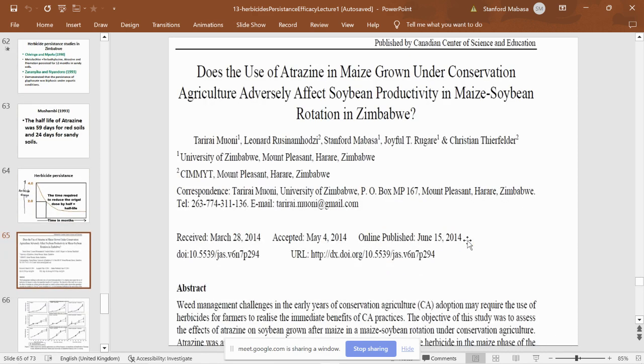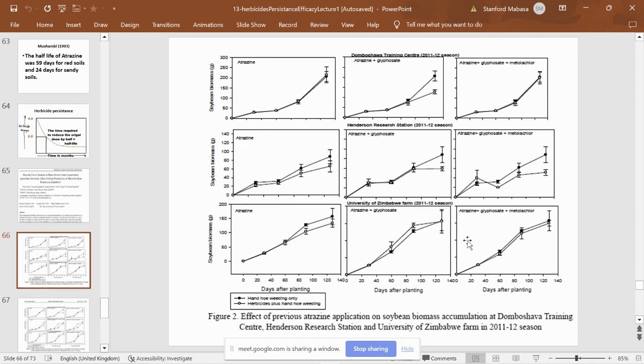Now, this is one of the studies which was done under conservation agriculture by one of our students in a maize soybean rotation. In maize, atrazine was being used. So he used the soybean to test whether it could be affected by atrazine. This is the growth of soybean. You can see if the lines are separating, probably there's a bit of effect of atrazine.